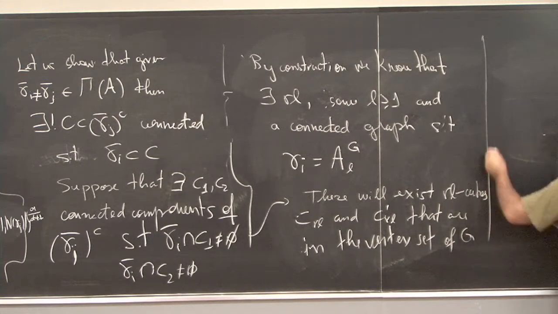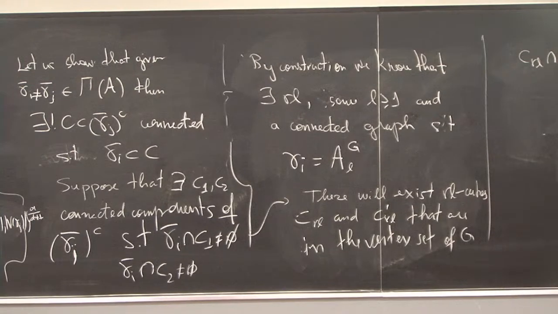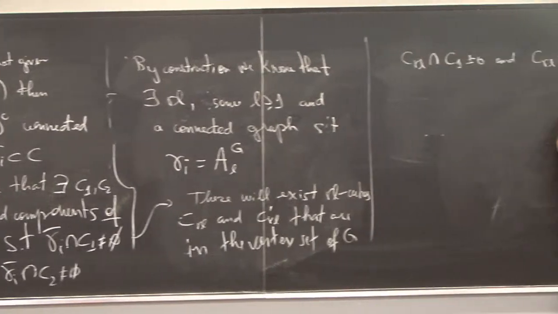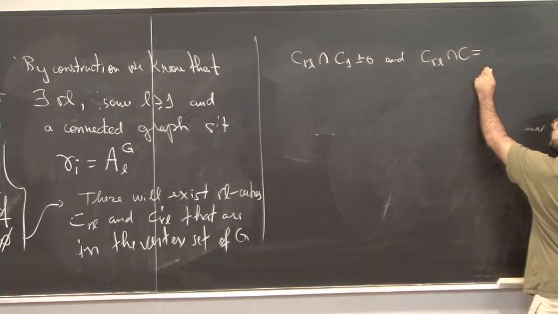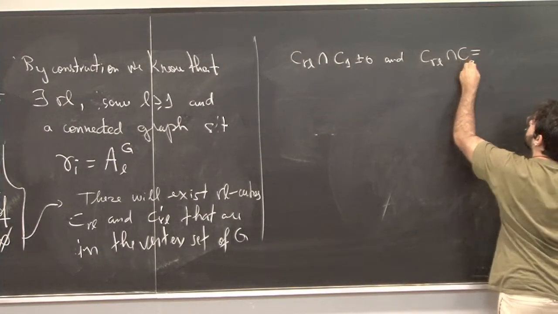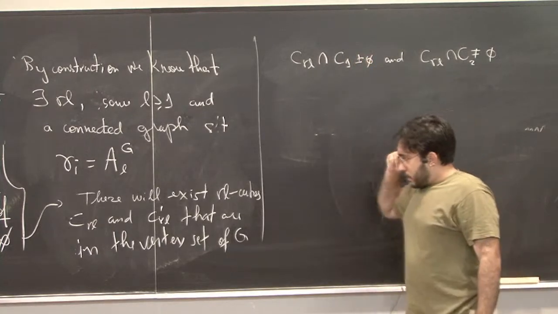So let's say CRL intersects C1 and CRL prime intersects C2. Okay.